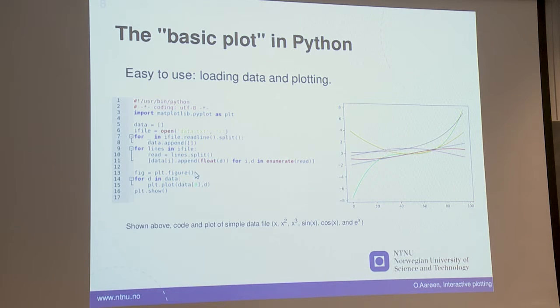I set up my figure. I plot the data. I'm sort of cheating here because I know that the first data column is the x-axis values. So I plot all the data to the x-axis values, and then I get this figure, which is basically the x values, x squared, x cubed, sine, cosine, and exponential functions.